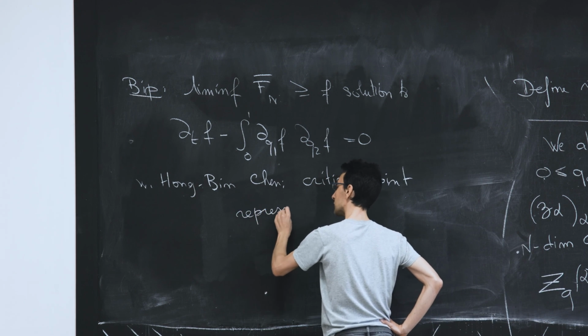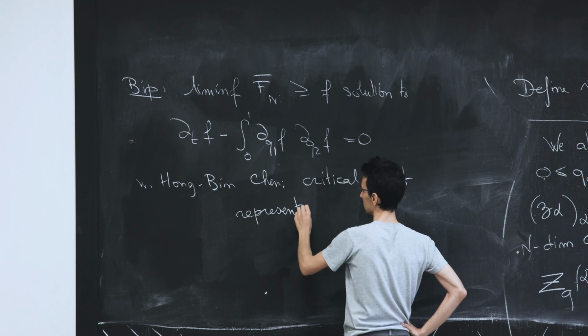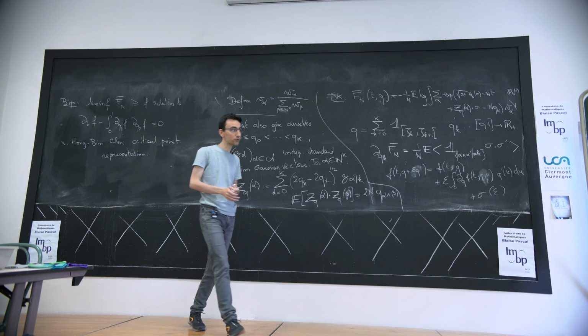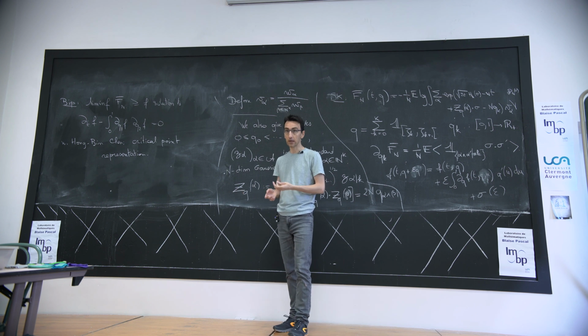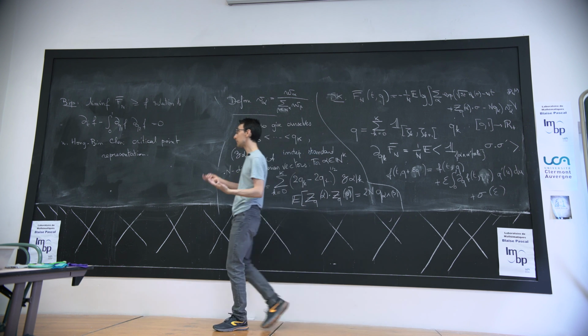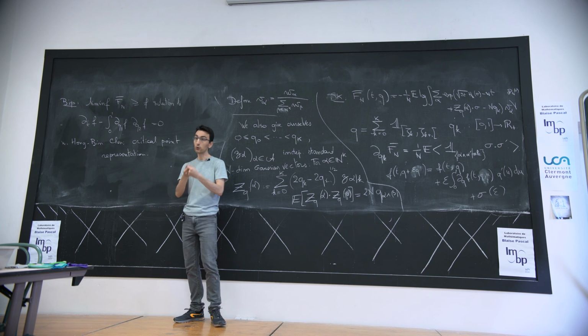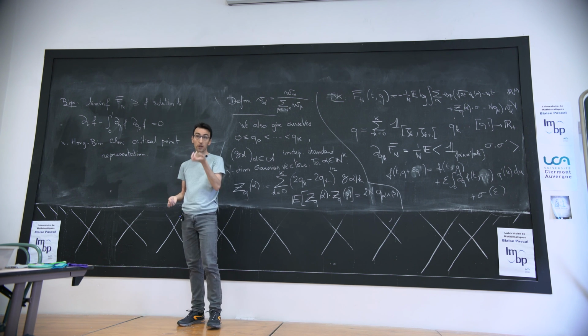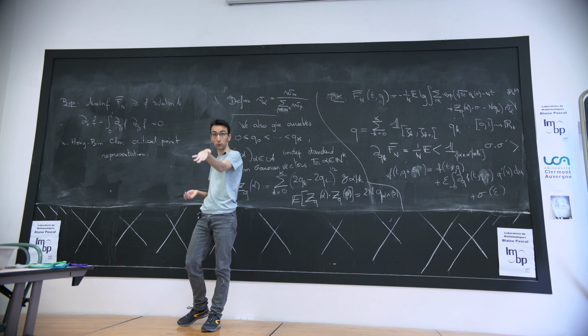And as far as I understand, it matches what physicists say. Physicists, as far as I understand, do not say anything more precise than what we have, except that that critical point representation is not a full characterization of the limit, because we do not say which critical point you're supposed to choose in order to give the free energy.